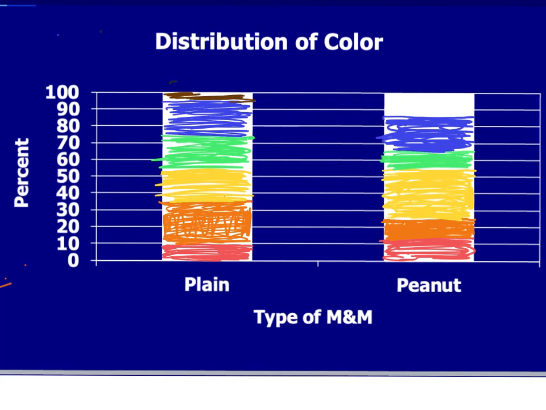And there's our brown. And so there is a visual display called a segmented bar graph of the distribution of peanut and plain M&Ms.